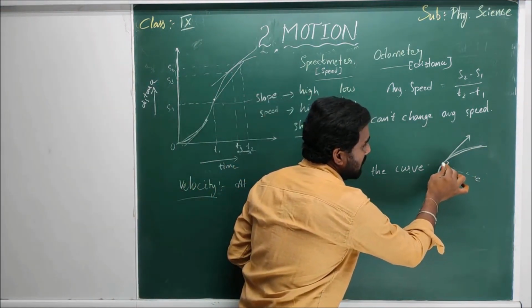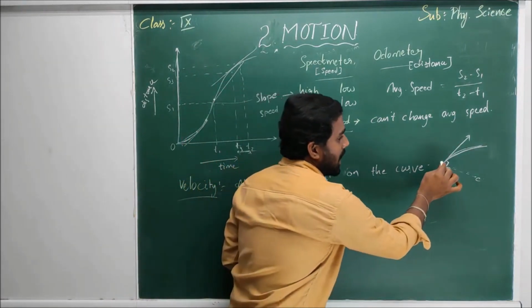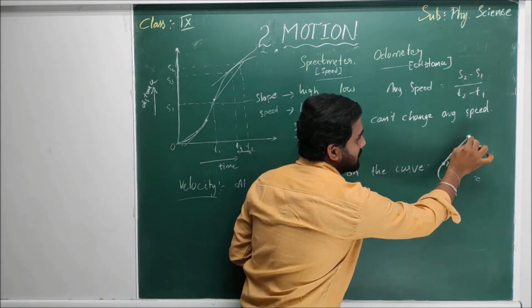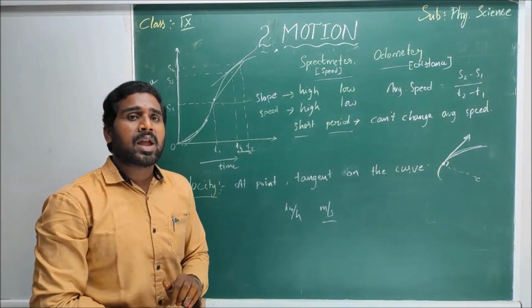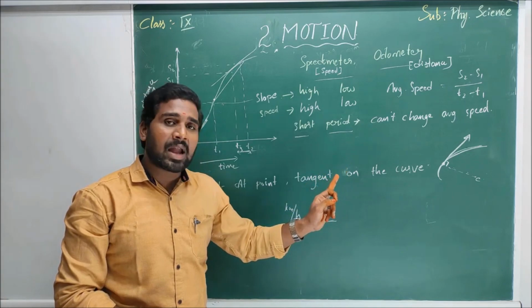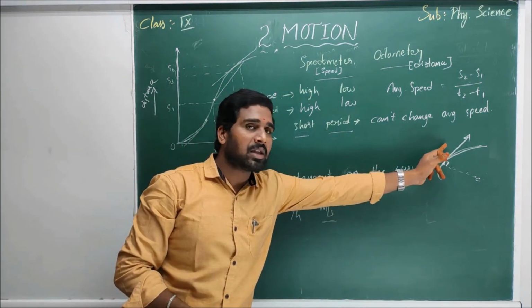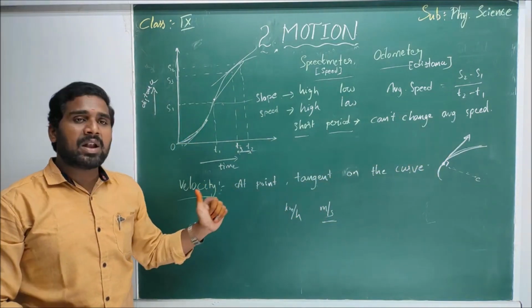At this point I want to take the direction of the object, so at this point I can draw a tangent. What is meant by tangent? At any point on the curve we draw a line touching it, and it gives us the direction of velocity.